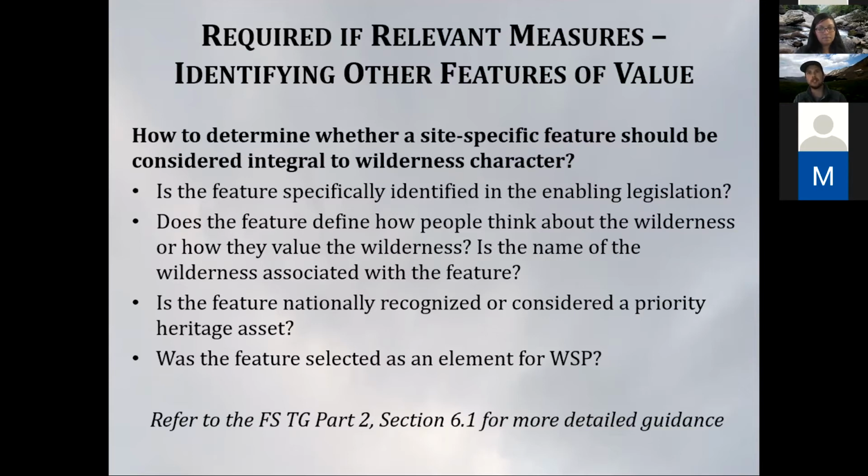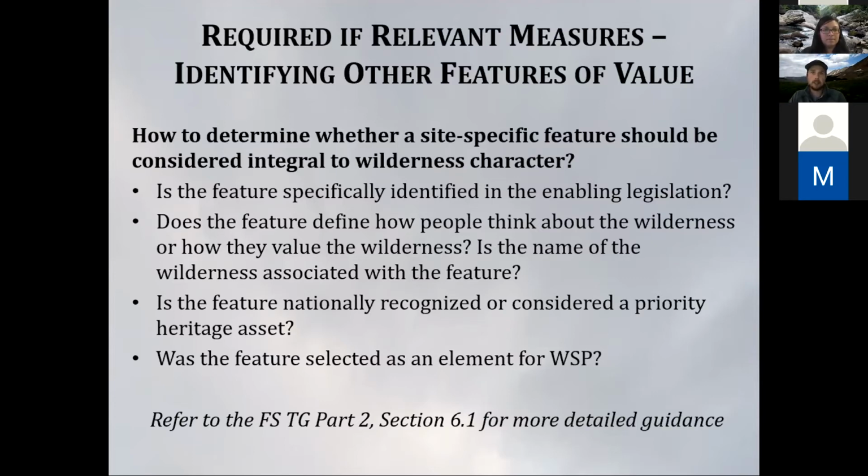These are some questions you can ask to determine this. First, is this feature specifically identified in the enabling legislation? That happens sometimes. If not, you can still select this measure, but it's more likely that you'll be selecting it if it is in the enabling legislation.